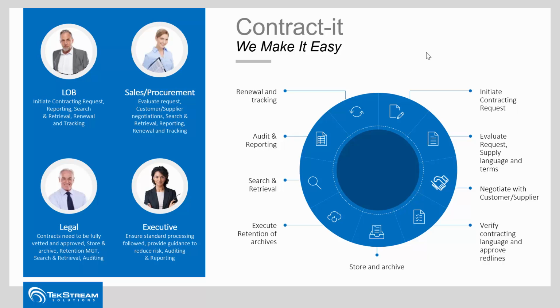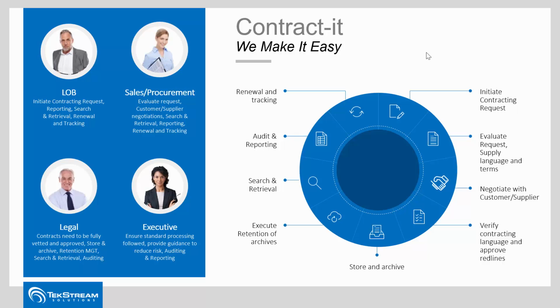So having that as part of the system really helps to protect you in the long run, as well as make sure that information is kept fresh within the system. Search and retrieval, obviously. You need to be able to find the information that's stored there very quickly so that you can conduct your business.